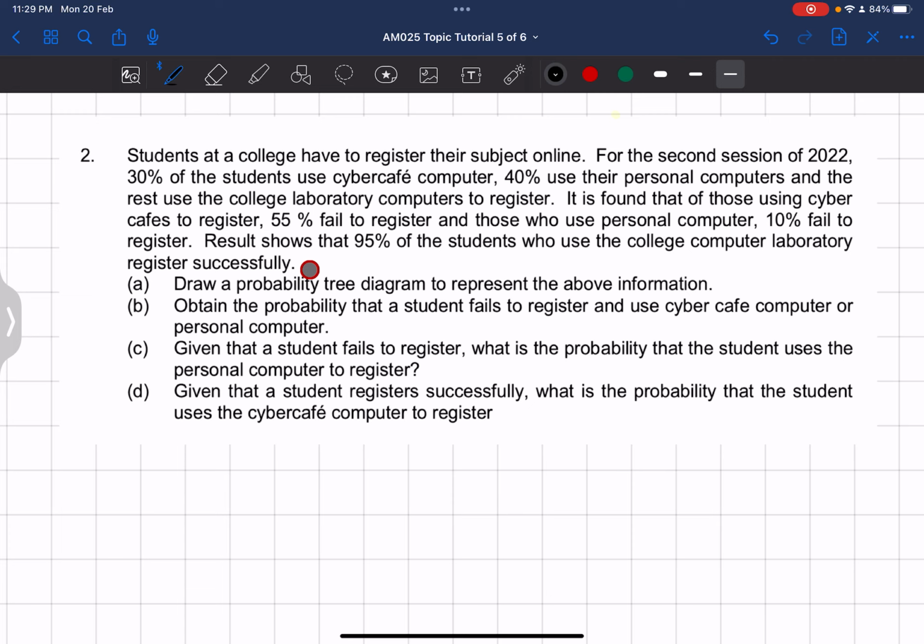So just before we draw the probability tree diagram, let's denote our events. So what is our event? As you can see here, for the first event, 30% of the students use cybercafe computers. So the first event, let's denote with C, is the event that a student uses a cybercafe computer.